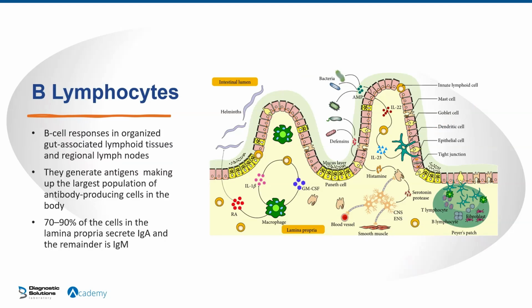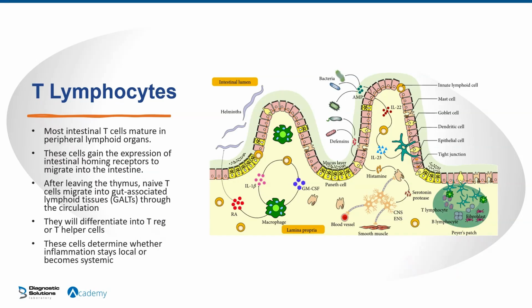B lymphocytes seen here are organized in gut-associated lymphoid tissue or GALT tissue, as well as regional lymph nodes. They can generate antibodies, making up the largest population of the body that produces antibodies. 70 to 90% of the cells in the lamina propria will secrete IgA, and the remainder will secrete IgM.